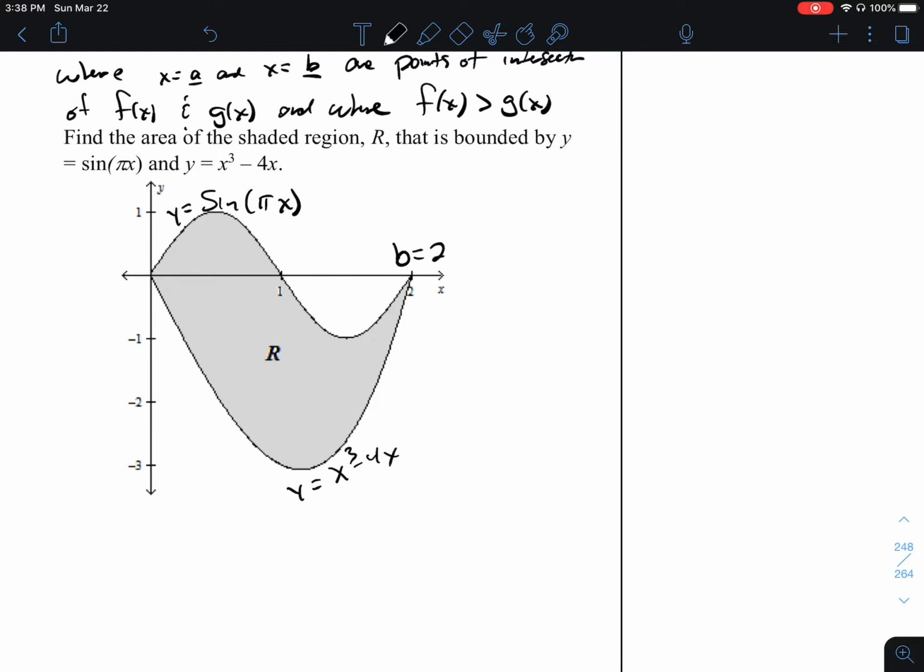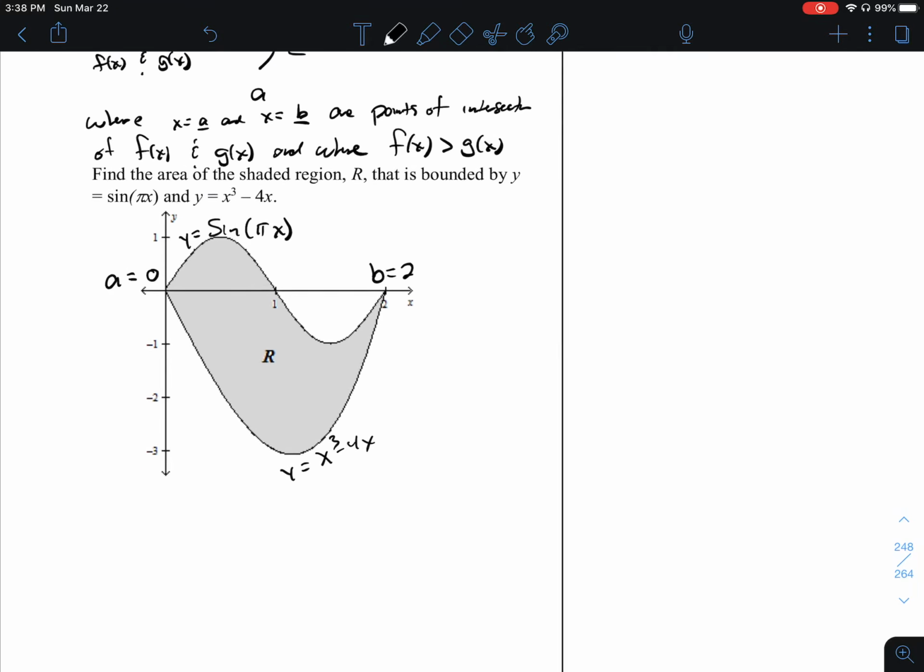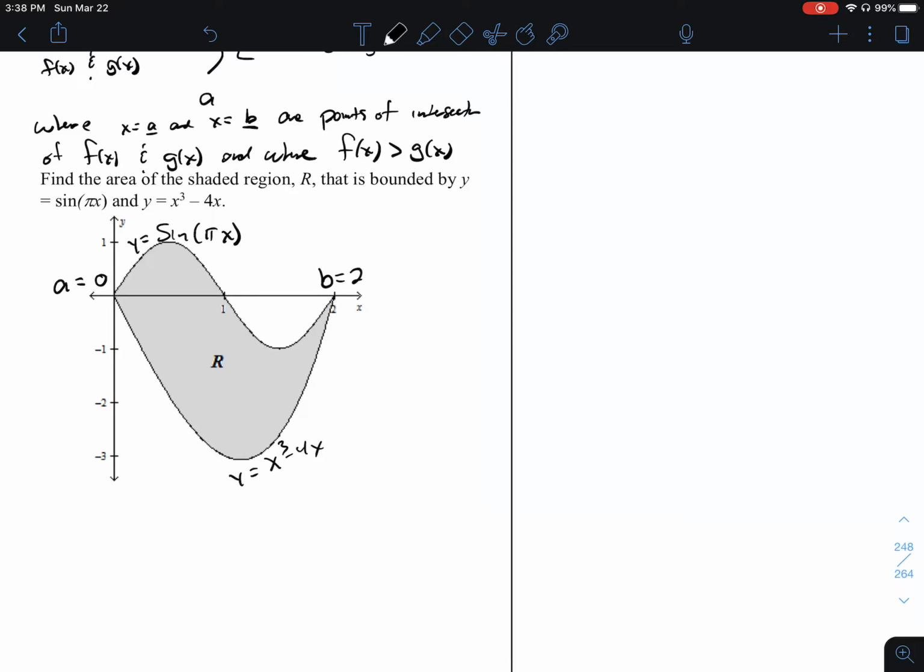Here they intersect at 0, so let me say a equals 0. Then you want to figure out which one's the upper and which one's the lower. We already established that the sine was the upper and the other one was the lower. If you're unsure by looking at them, pick a number like 1, put 1 into each of these, and see which one gives you the larger value. This one clearly will.